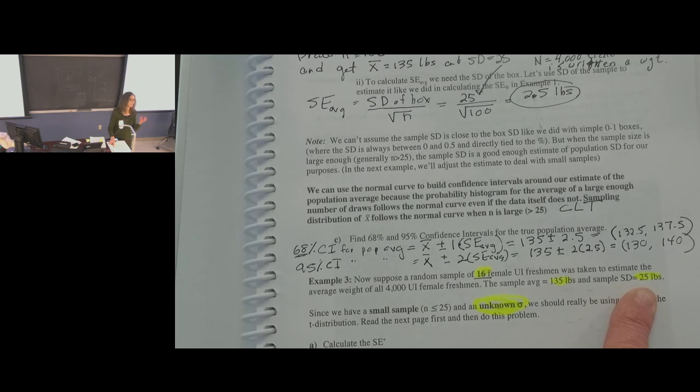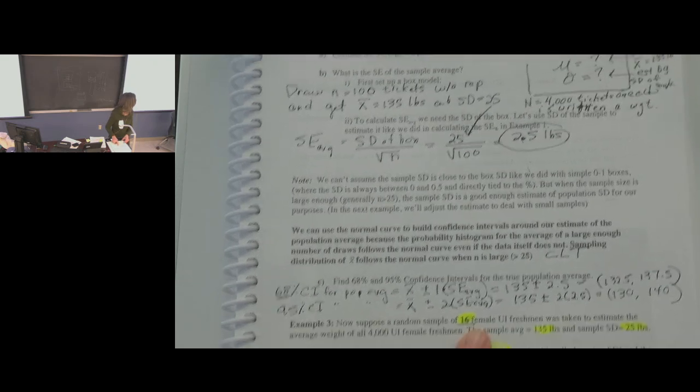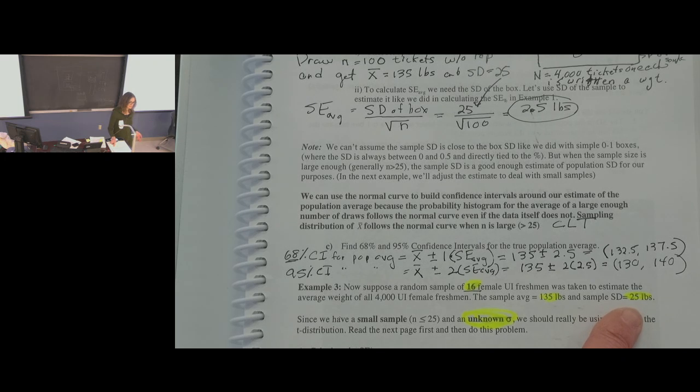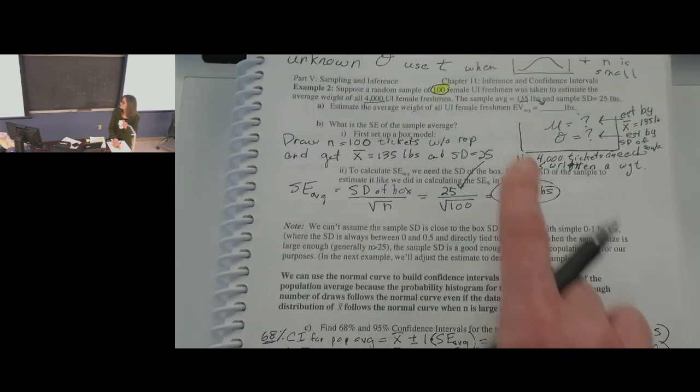Basically, we have to make it a little bit bigger because remember, with these 16 people, how are we computing this? We'd be taking the deviations from the sample average and not from the true average of the box.